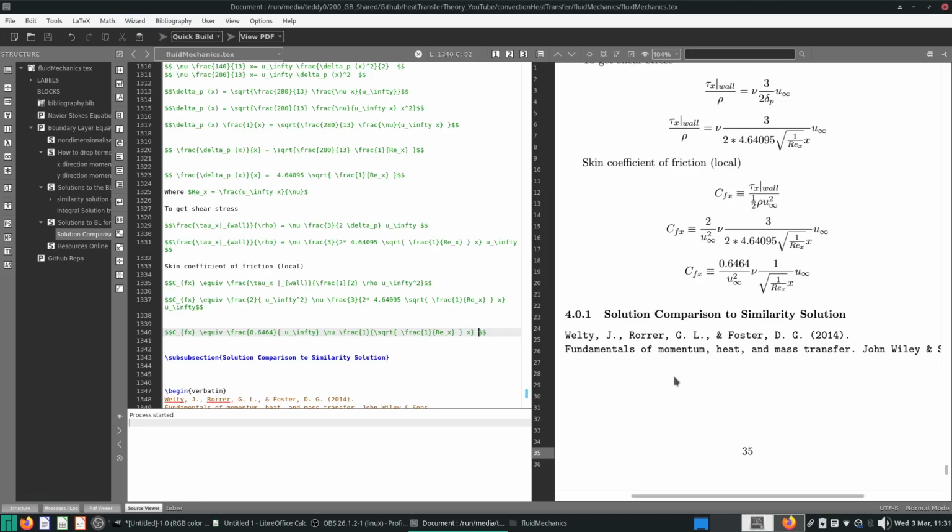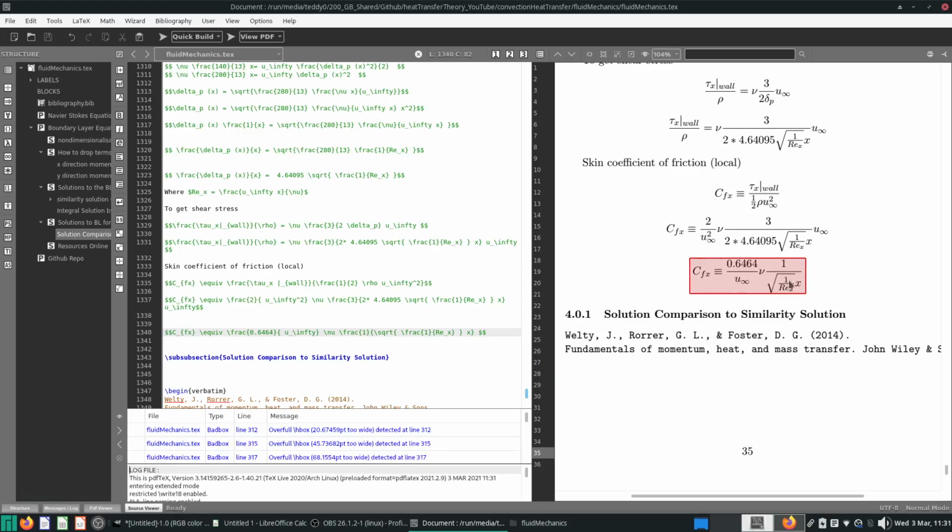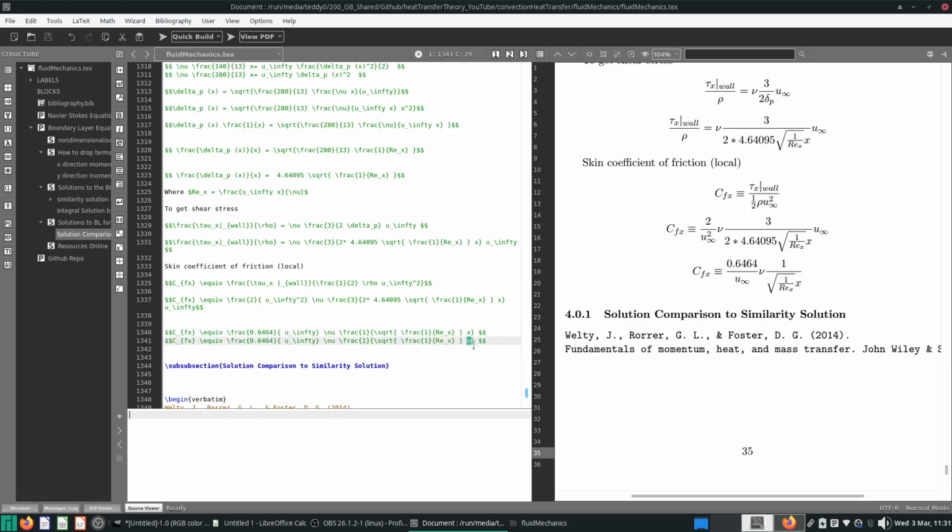And lo and behold, the Reynolds number appears again. u infinity x over nu. So this is actually just the Reynolds number that appears at the bottom, Re_x again. So let me get rid of nu and u infinity.